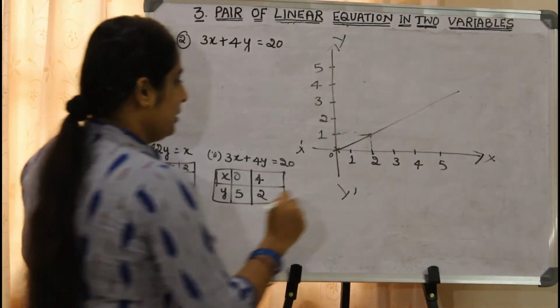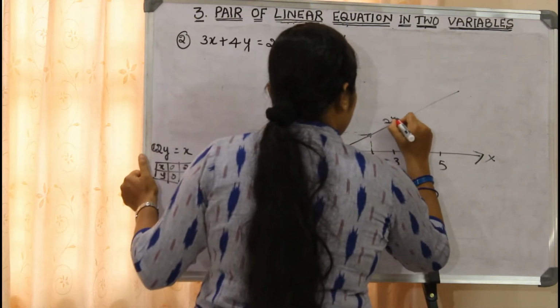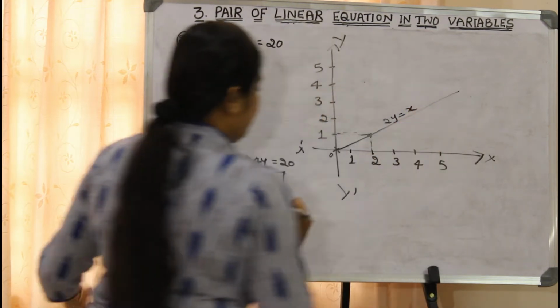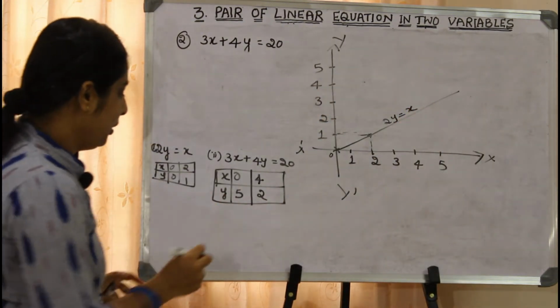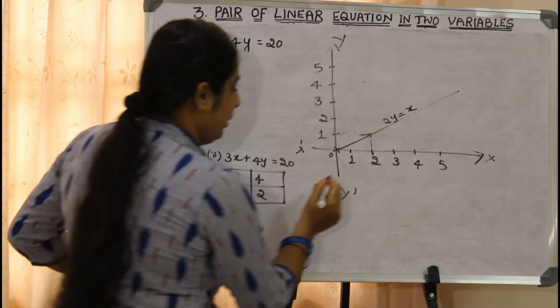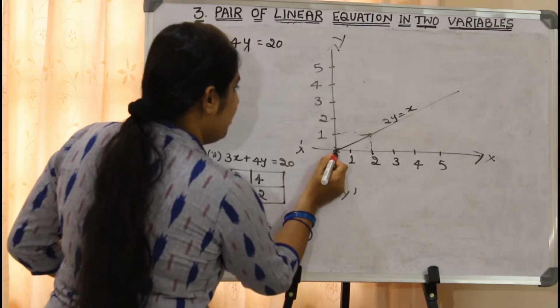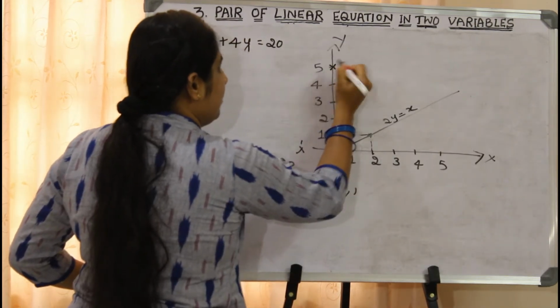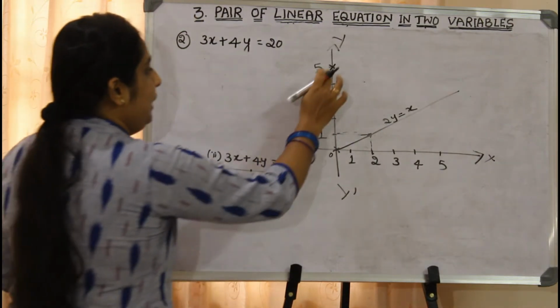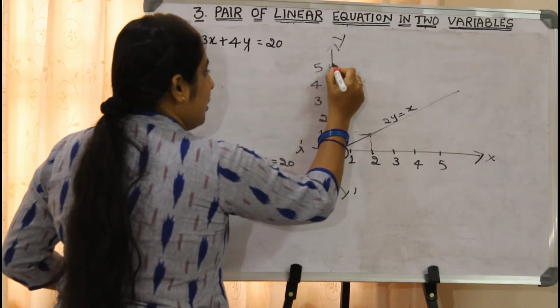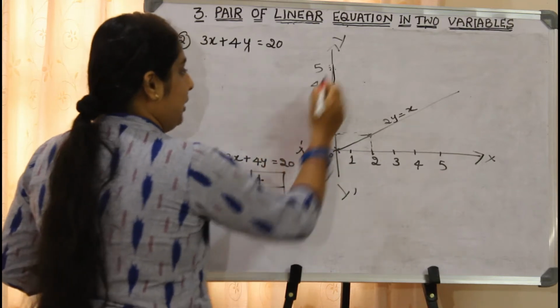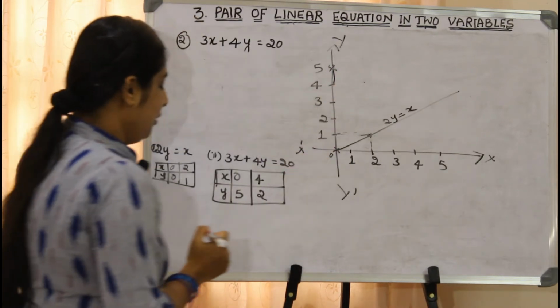So this is the equation for 2y is equal to x. Now let us go to one more equation. Here the first value is 0 and 5. So when x is equal to 0, y is 5. Sorry, y is 4. X is equal to 5.